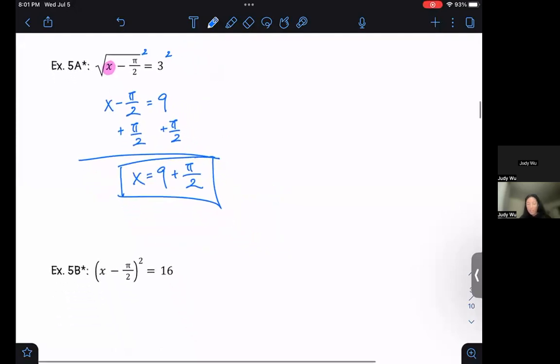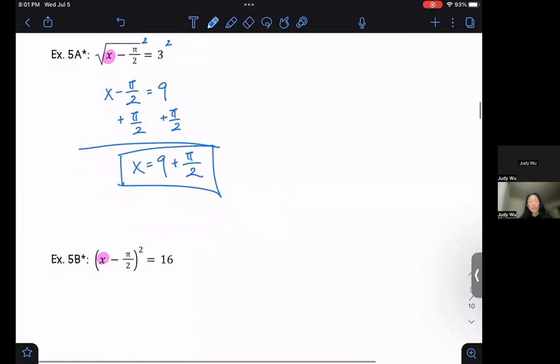Now let's take a look at 5b here. I don't have a square root this time, but instead I have this x minus pi over 2 squared. So how do I get rid of the square? Well, I do the inverse of that, which is take the square root.